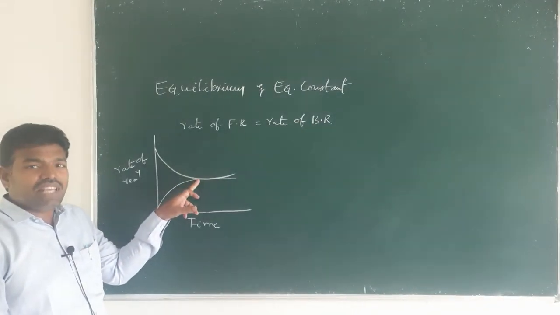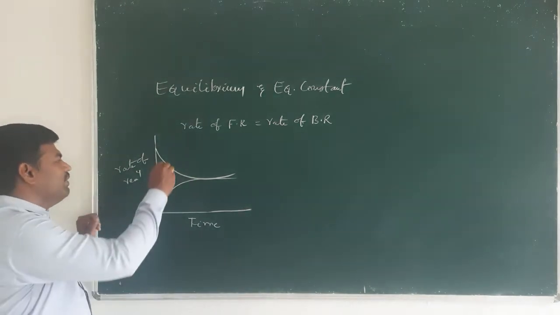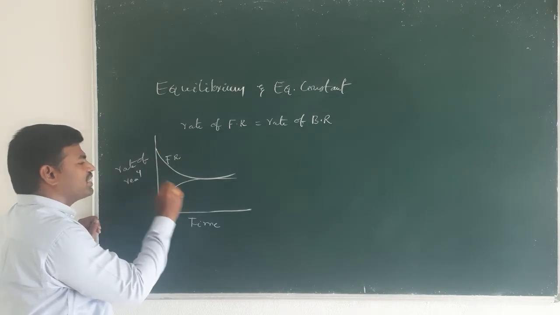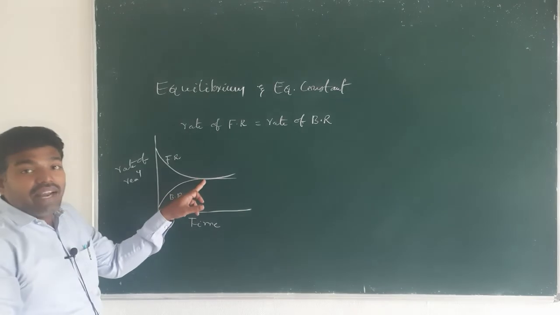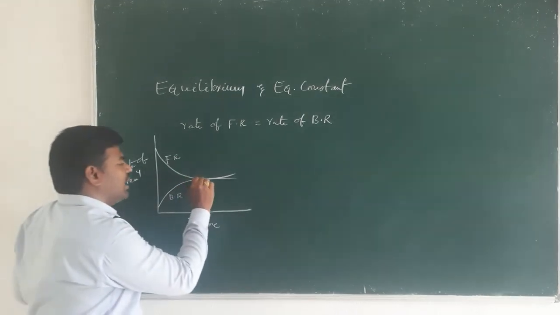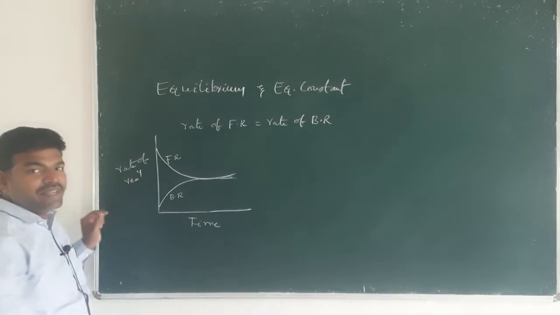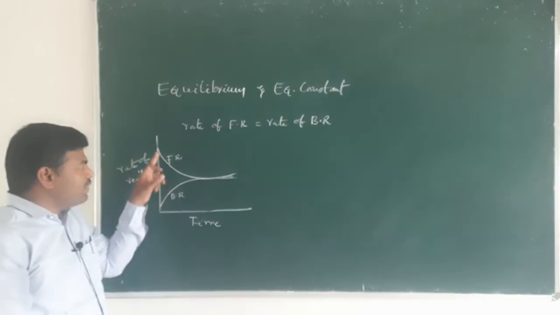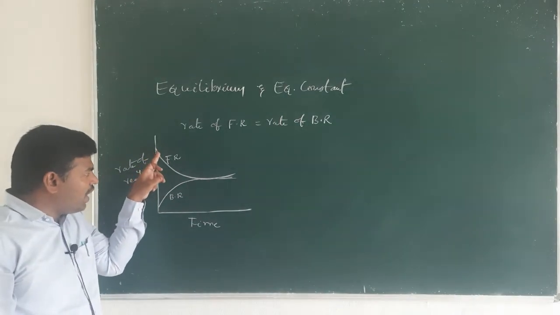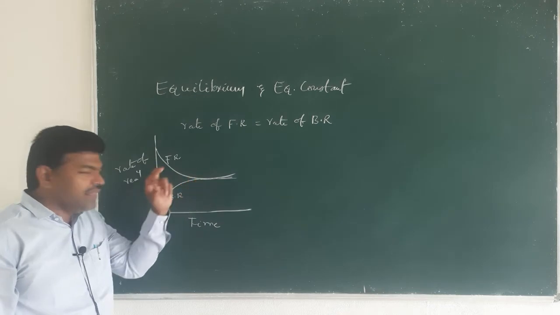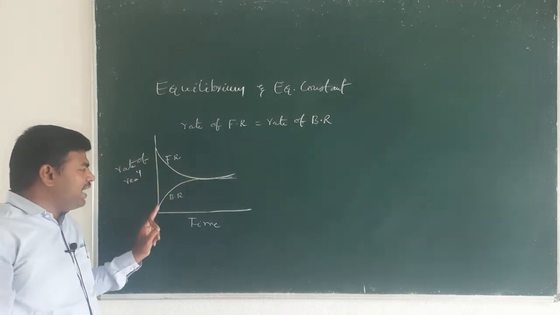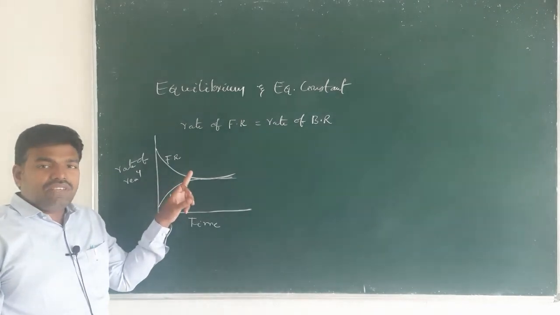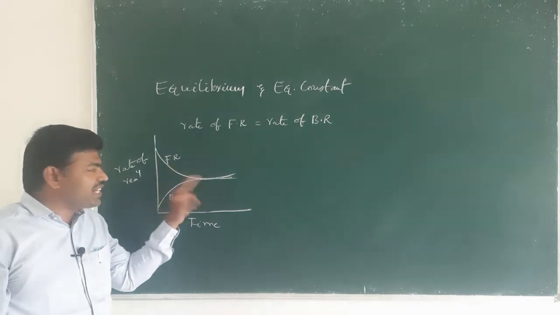When the equilibrium is established, the rate of forward reaction and rate of backward reaction become equal. So this single line indicates the equilibrium that is established in reversible reactions.